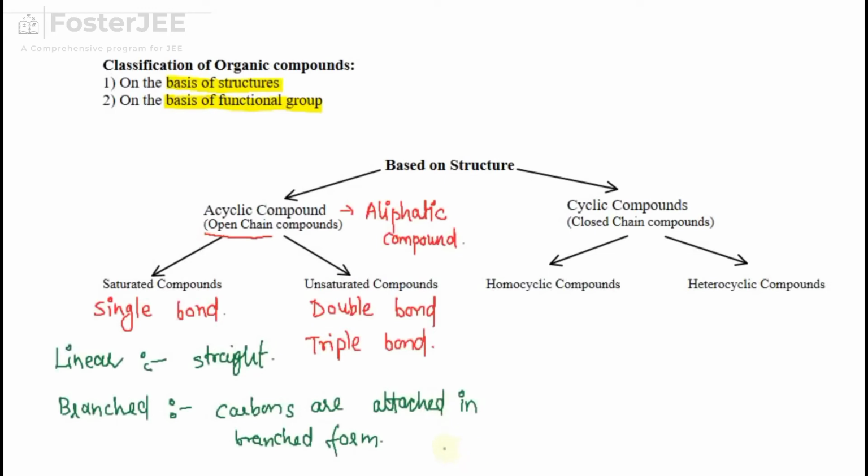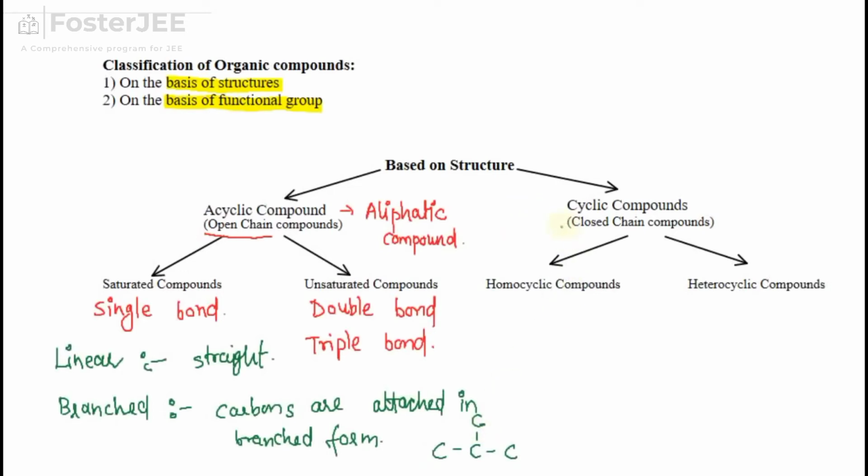So here we can see that three carbons are attached in a straight chain, so it is a linear structure, and when another carbon is attached with this straight chain, then this is a branched structure.